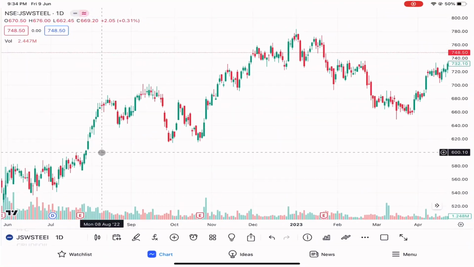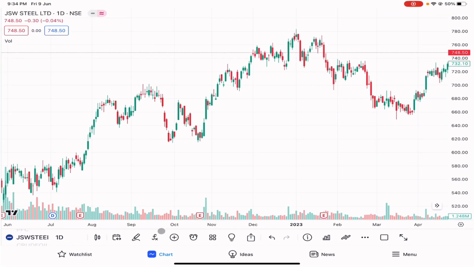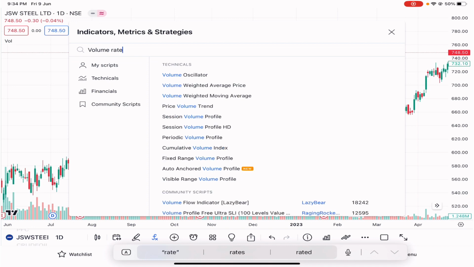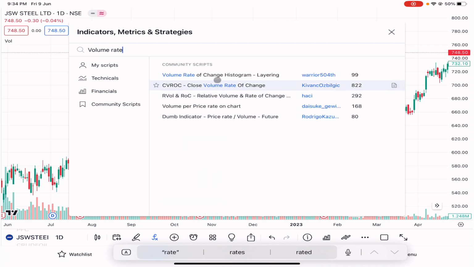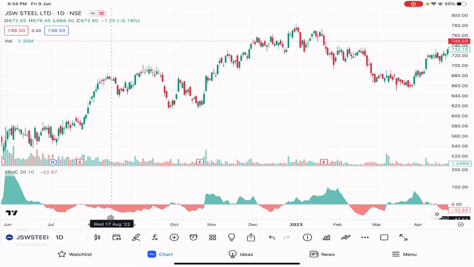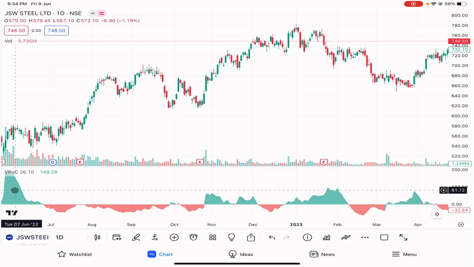Let me see if it's there on the free version of TradingView. Volume rate of change. I think it is there. Okay, look at this now.